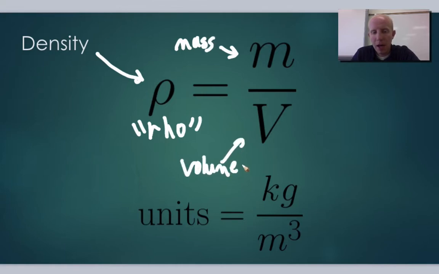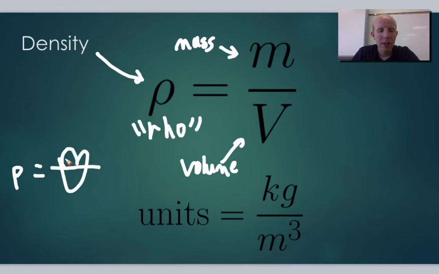If you want an easy way to remember that, one way I've always remembered, because my last name is Hart, is that density is equal to a heart. You just draw a heart, and then you draw a line through it, and then you get mass over volume. So that's just a silly way to remember it if you ever get stuck.